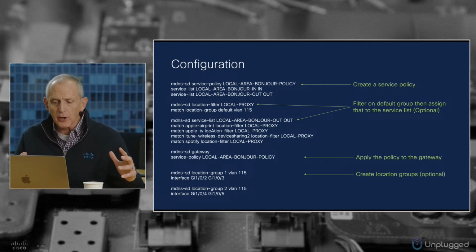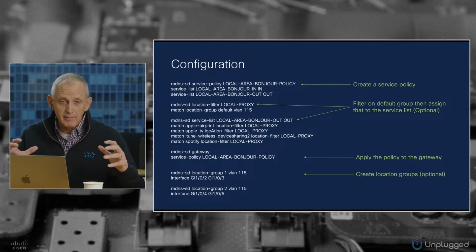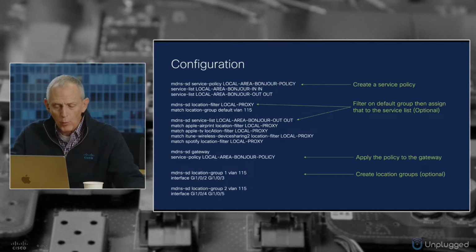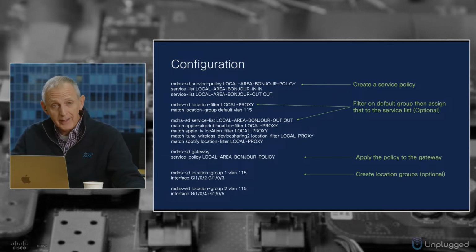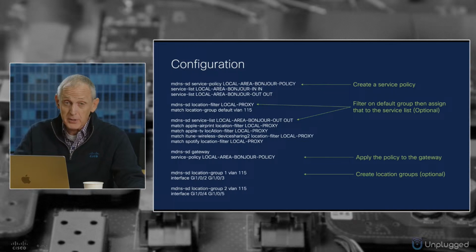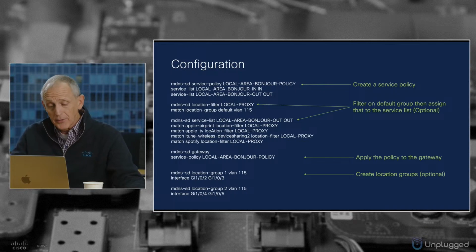So you can see now I'm starting to reduce that filter down a little bit more where I can be more granular. And then you can see on the last two lines, and again, you don't have to do this depending on what you're doing from an architecture standpoint, I can actually define groups of interfaces and I can define groups of APs, right? And these can be the same group effectively, right? Because we're looking primarily at the switch, I can define groups of interfaces, and then assign those to the multiple VLANs.